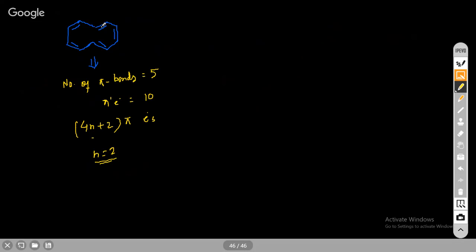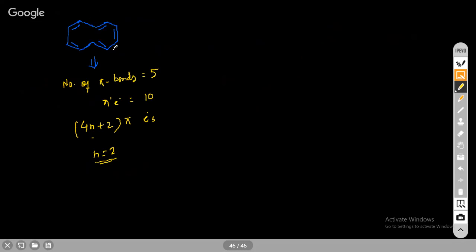Did you get the point? The two rings are not in the same plane because of this repulsion here. Because of this repulsion, one ring will be up and the other slightly down, to minimize this repulsion.